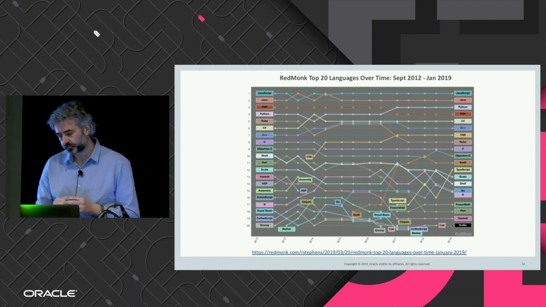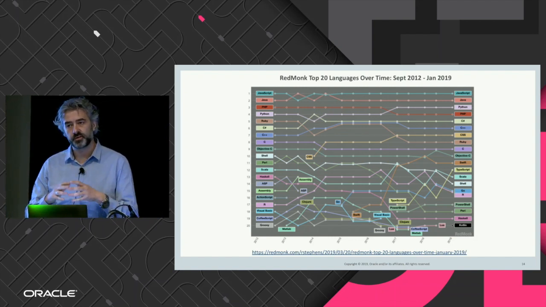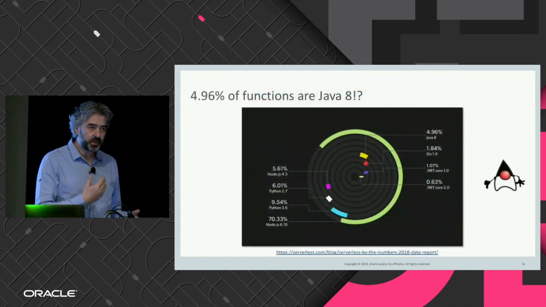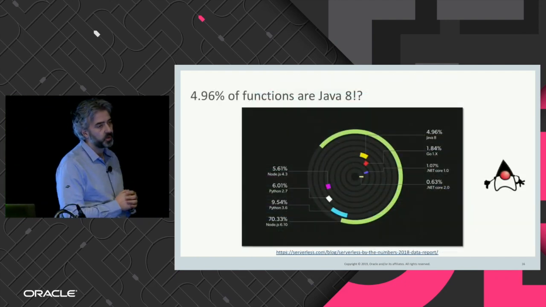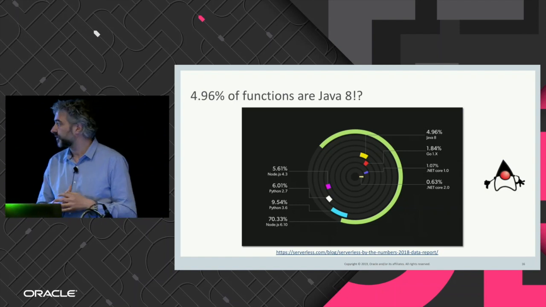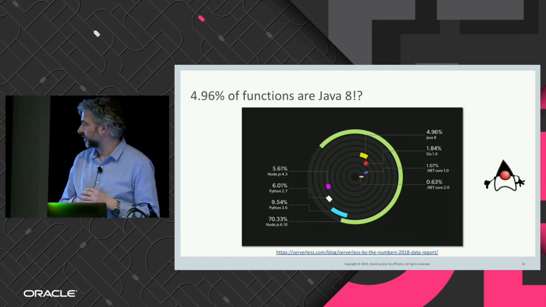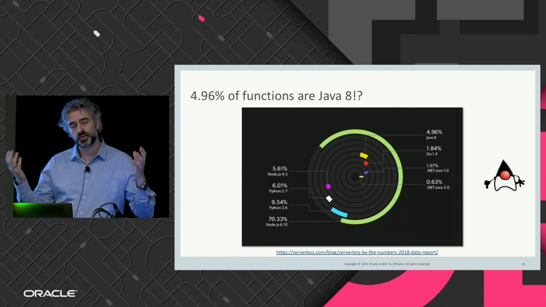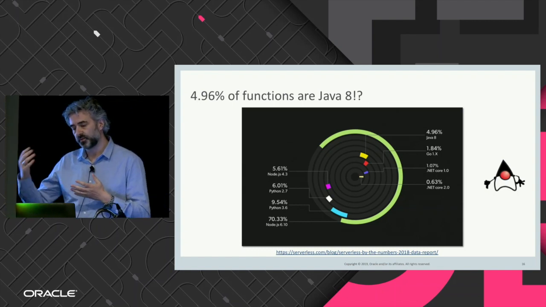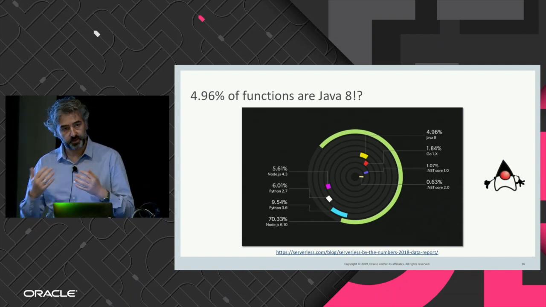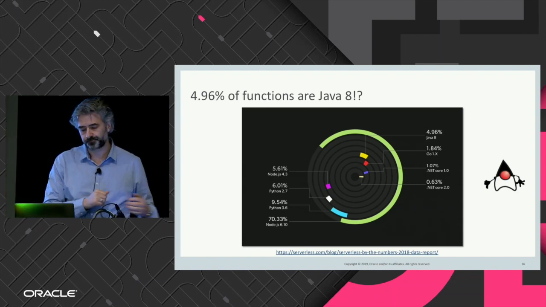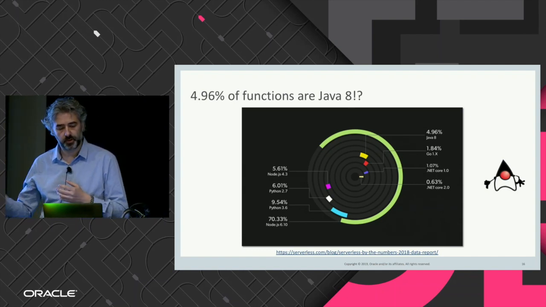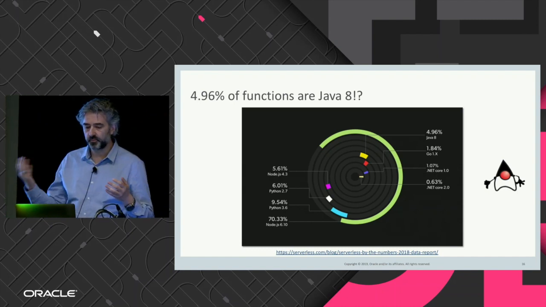Now, if we look at Java within the serverless space, we don't have a lot of metrics, but the few metrics that we have aren't very good. This was a survey that was conducted by the Serverless Framework. The Serverless Framework is a solution that allows you to write serverless functions on top of FaaS platforms using different languages. So it's basically an abstraction of different FaaS platform providers.